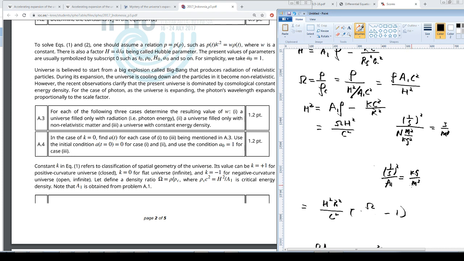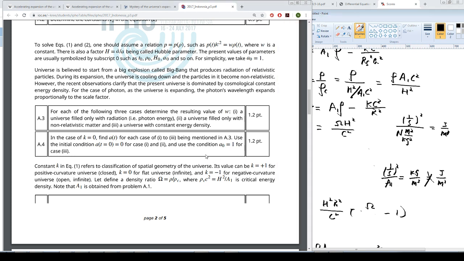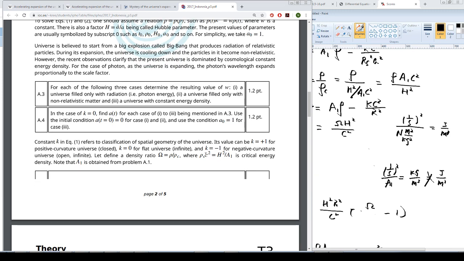So maybe they just meant, that's not joules per meter cubed. Anyway, that's weird. I feel they shouldn't have added c squared. Then it would be okay. Yeah, then it would be correct.